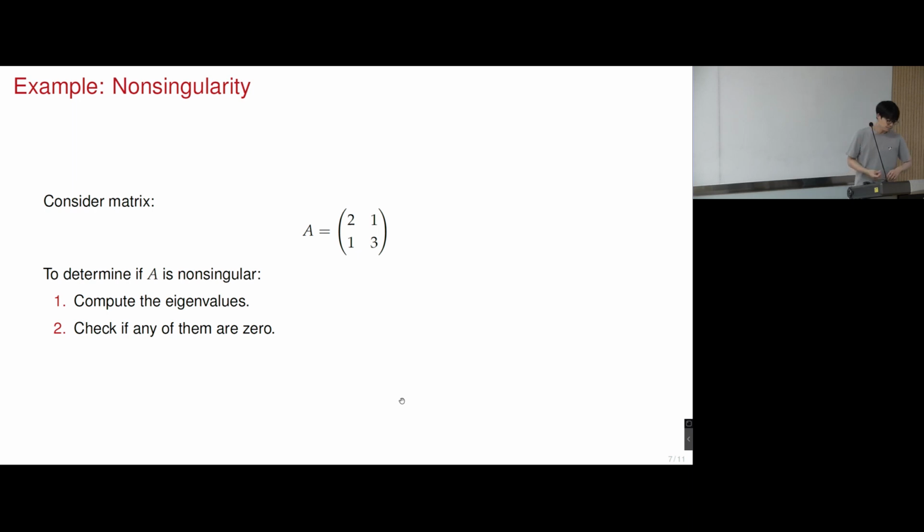For example, in this case, for 2, 1, 1, 3, you can see that this is going to be non-singular, because the column vectors are not linearly dependent on each other, and also because the determinant of this matrix is easy to calculate and is going to be non-zero, which means it has an inverse, which is also saying that this matrix is non-singular.